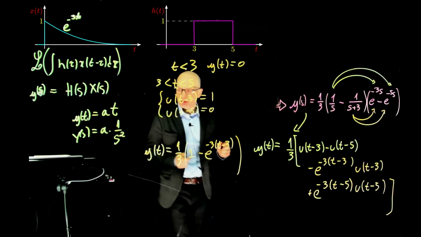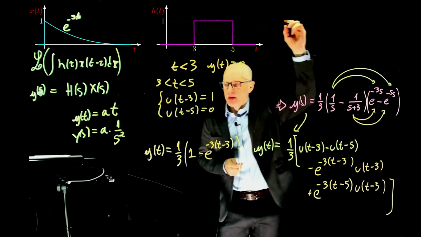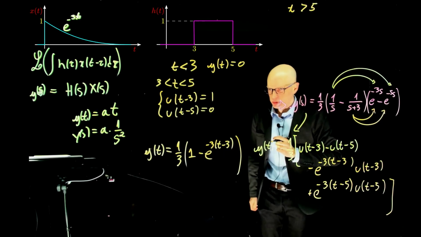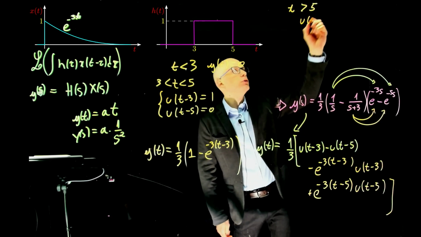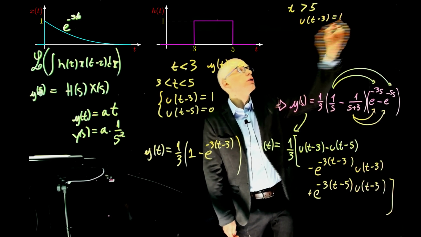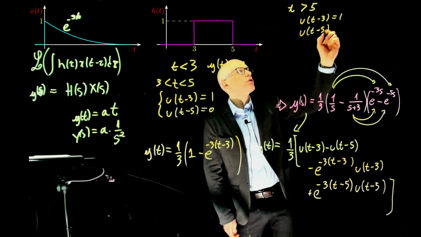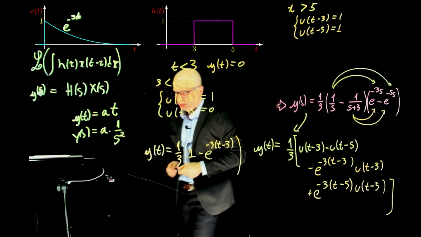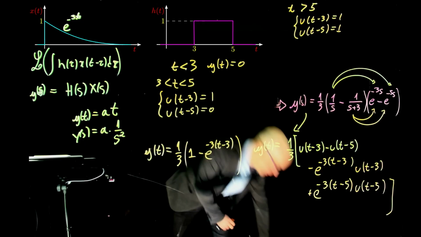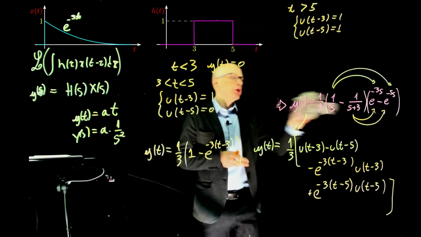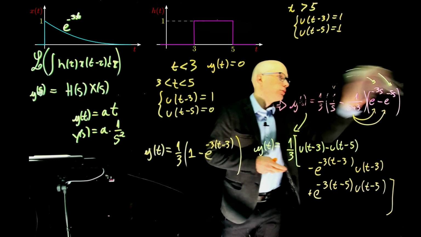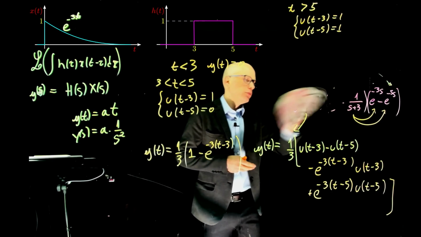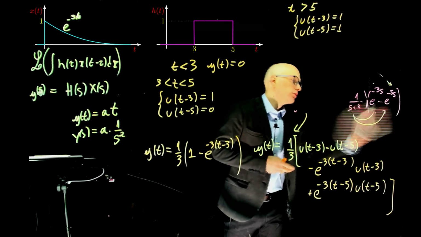And the last part that we have to evaluate is what happens when t is greater than 5. Well, u of t minus 3 is 1, and u of t minus 5 is also 1. Now we can rewrite this expression using that.